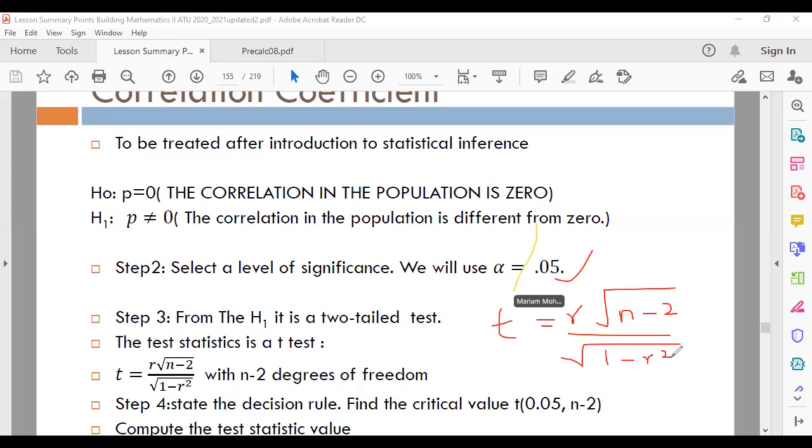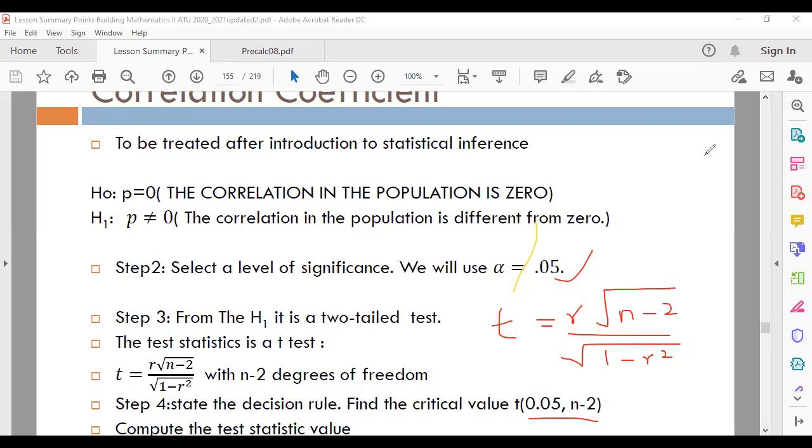Okay, good. And then here is just the normal hypothesis testing process. But your degrees of freedom in this case is going to be given by T alpha on 2, then N minus 2 degrees of freedom, because we are dealing with a two-tailed test. Good.